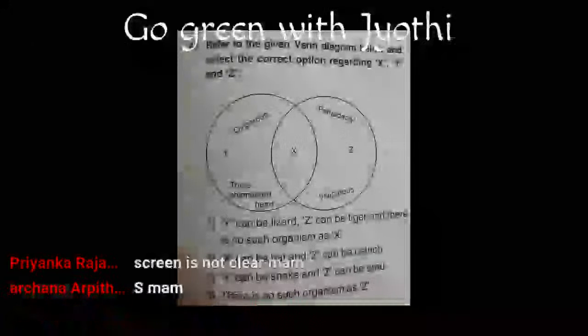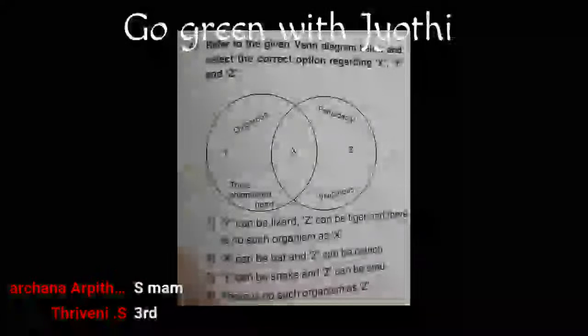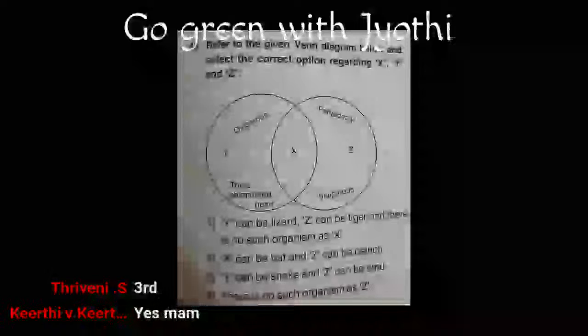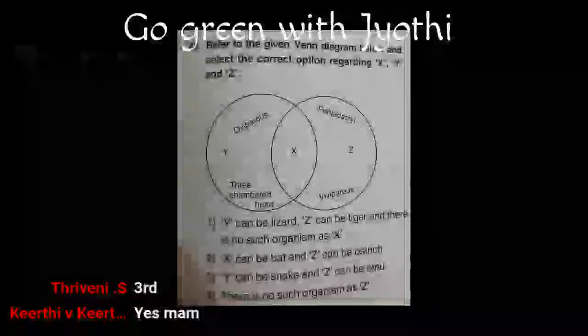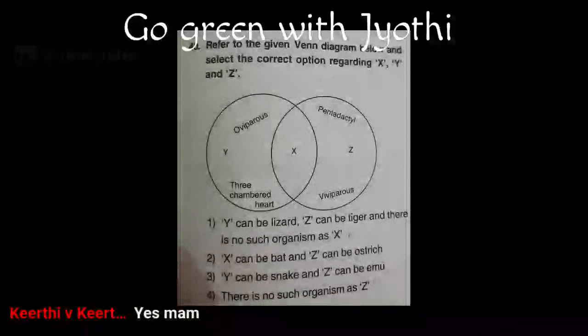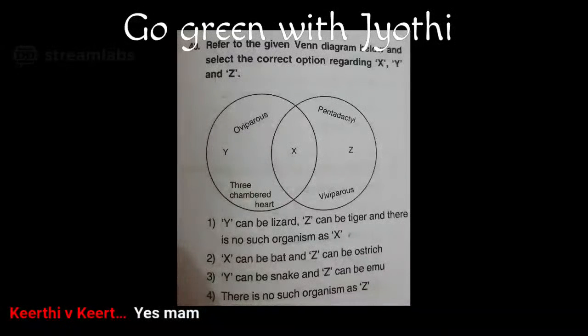First option. Second is, X can be bat. Bat is a mammal. Remember, bat is a mammal. Z can be ostrich. Ostrich is a bird. Third, Y can be snake. Again, snake is a reptile.